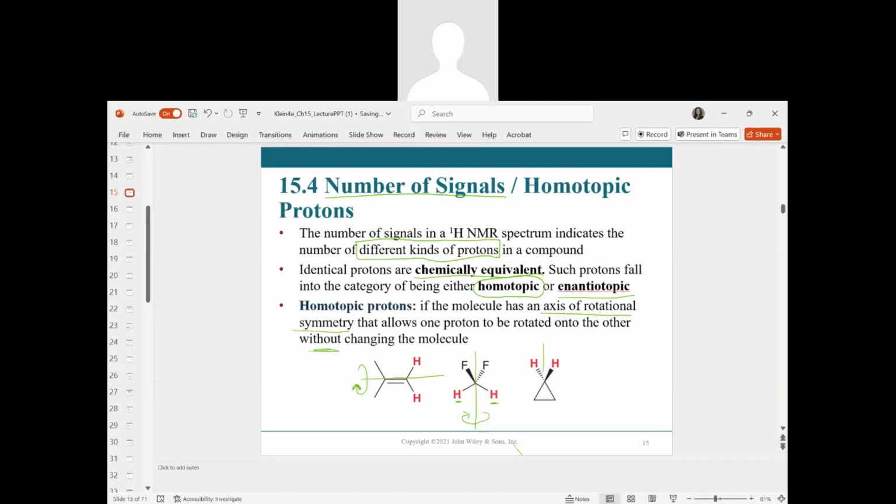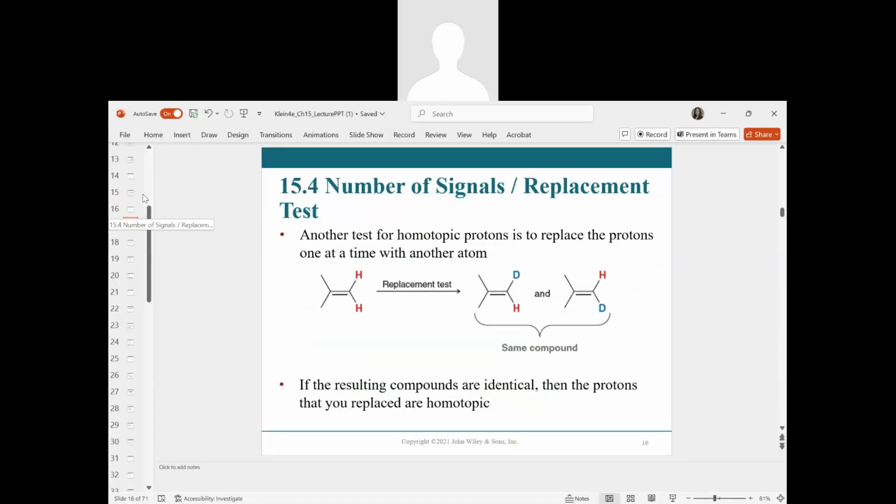The same thing would occur with this cyclopropane here. Say we rotated this along this axis of symmetry, opened our eyes, we wouldn't be able to tell which proton was which. That's the easiest way to designate if you have two protons that are in the same environment, if you can create this axis of rotational symmetry.